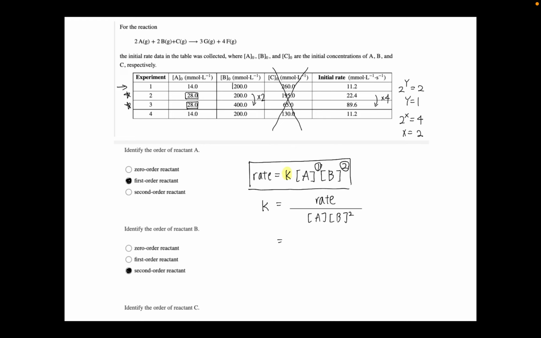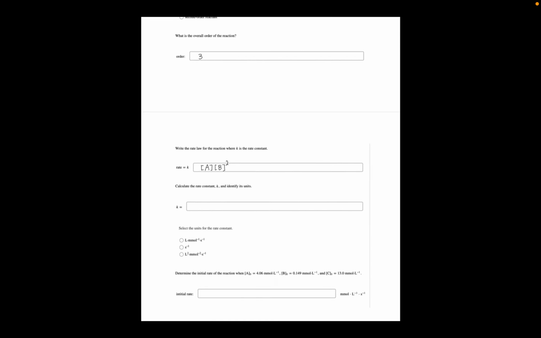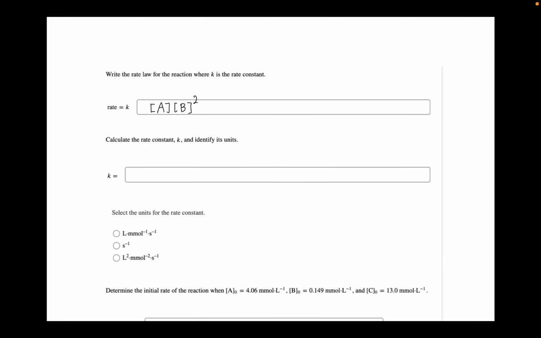The rate is 11.2, the concentration of A at that point is 14, the concentration of B is 200, and we need to square it because it is a second order reaction. And k after calculation will be 2 times 10 to the negative 5.